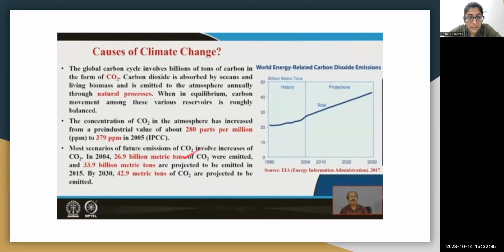So, before the industrial revolution, the carbon dioxide concentration had reached only 280 ppm, while by 2005 it reached 379 ppm, and at present in 2023 the concentration of carbon dioxide has increased to roughly 416 to 418 parts per million.